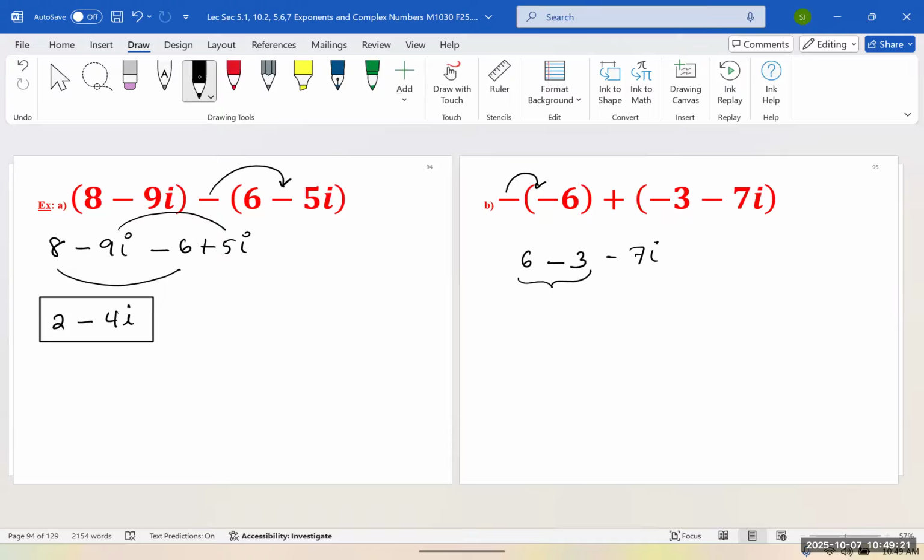So we have only two real numbers here, so only two real like terms. We get 3 from here, and we have a single 7i. So there is no problem with the 7i. Sometimes we have two parts, so we can combine twice. But sometimes we have only one part, so you're allowed to combine only one portion. And whatever we don't have a partner with, we just bring down.